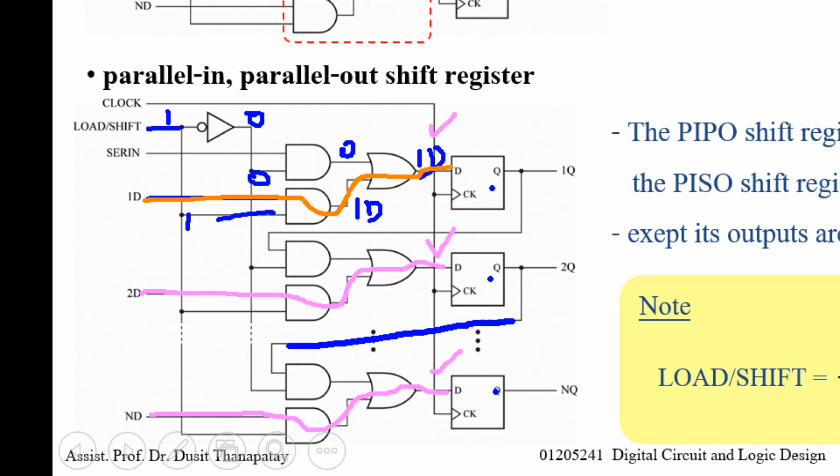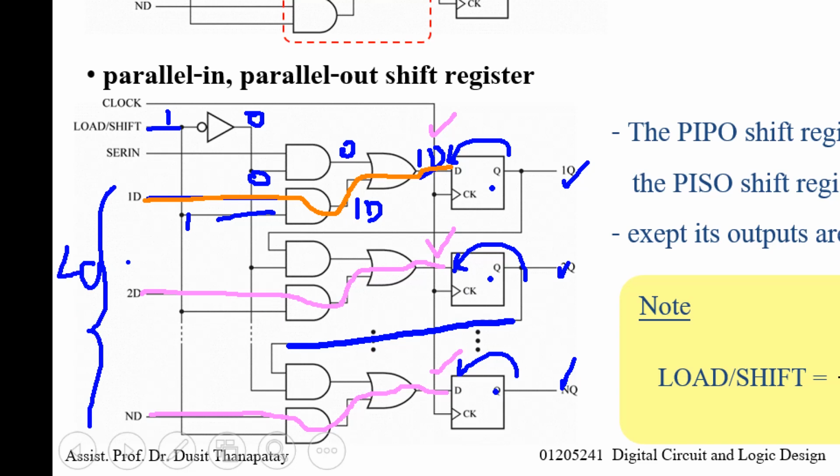After that, when the clock ticks, all of these flip-flops will read data at the same time and update with the data from these inputs. So you can say that it's load, right? It reads multiple-bit data at the same time. And if we use multiple-bit output, then it becomes parallel in and parallel out.